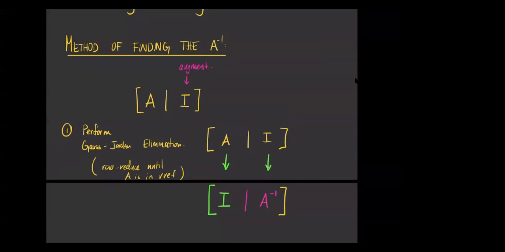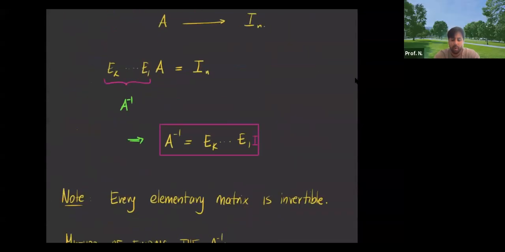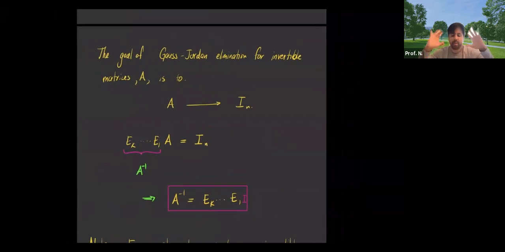Okay. So to find the inverse of a matrix, we're looking at it from this perspective, right? What do we normally do to a matrix A when we put it in row reduced echelon form?